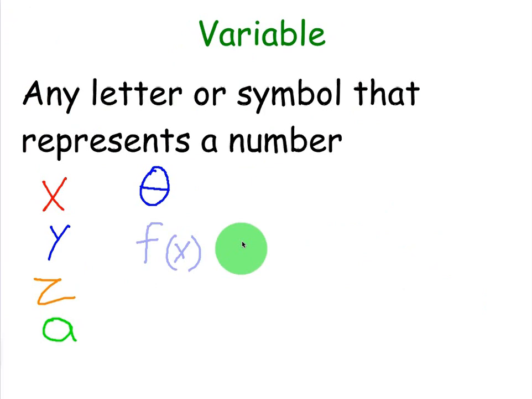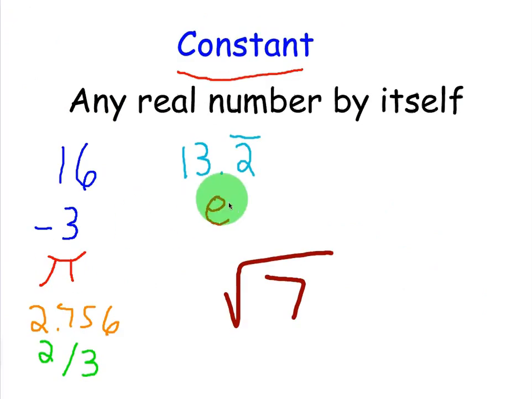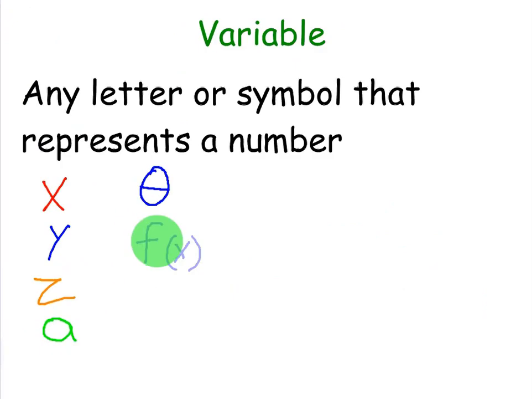Now we talked about before though, e and pi and also i are not variables. Those are special symbols that you just have to remember are constant. I didn't write i on there, but that's also a constant number. But basically any letter, as long as we don't specify what it equals, if we just leave it out in the open like this, that's going to be a variable.